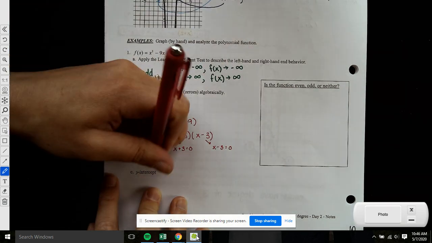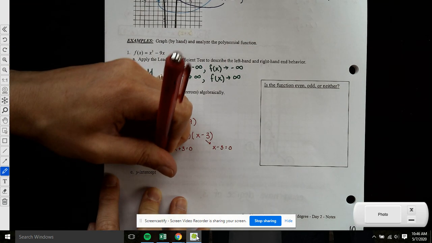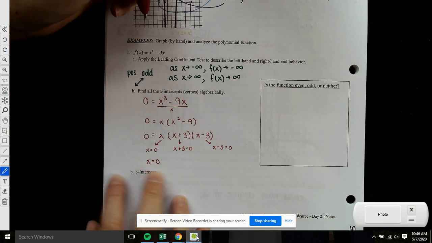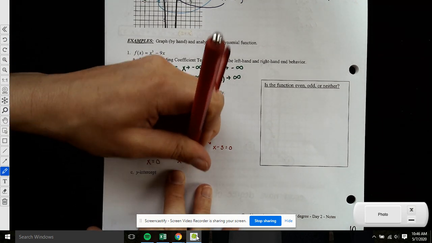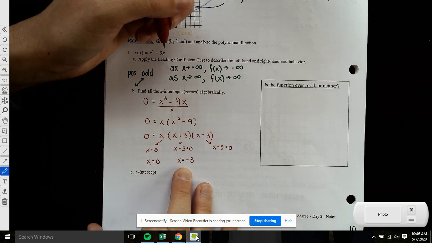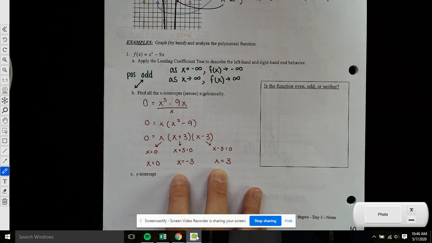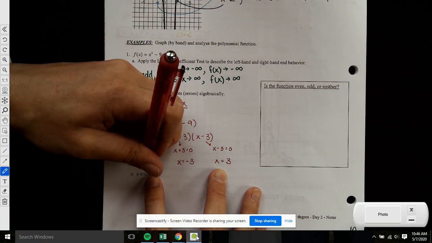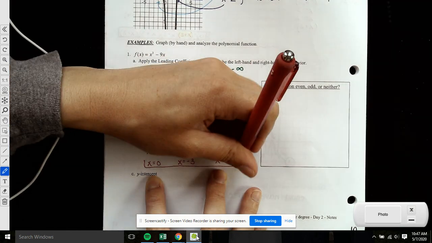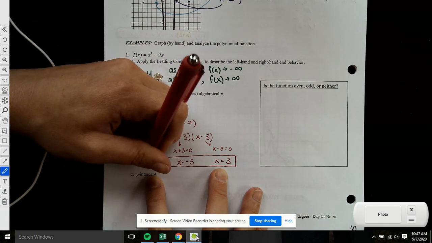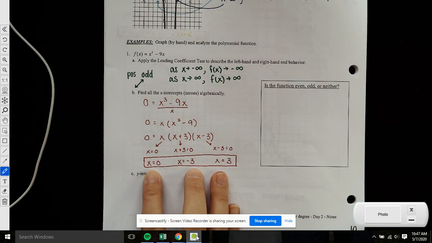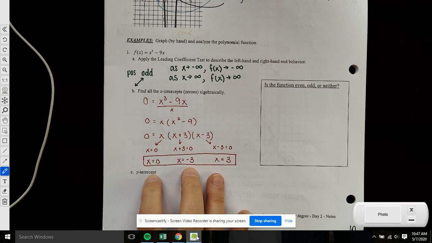From here, I know x equals 0 is one of my x-intercepts, x equals negative 3 is one of my x-intercepts, and x equals 3 is an x-intercept. So these are going to be my 3 x-intercepts. This is probably the most important step to be able to do in this entire process: factor and solve, find your x-intercepts.